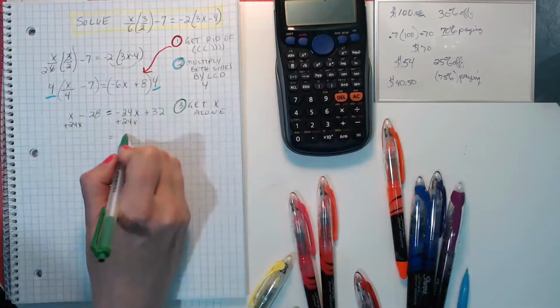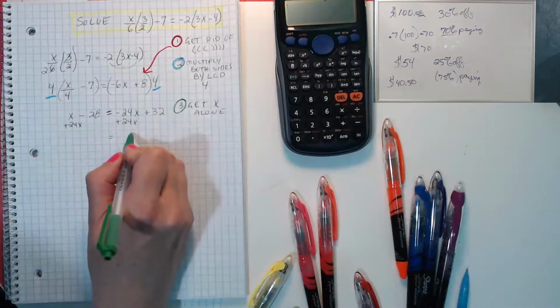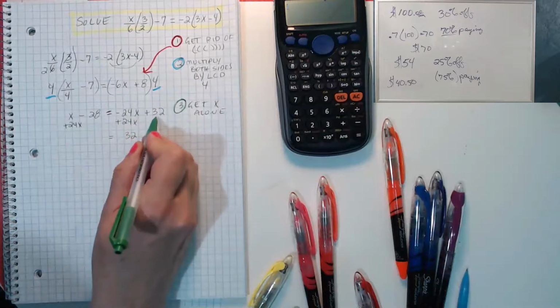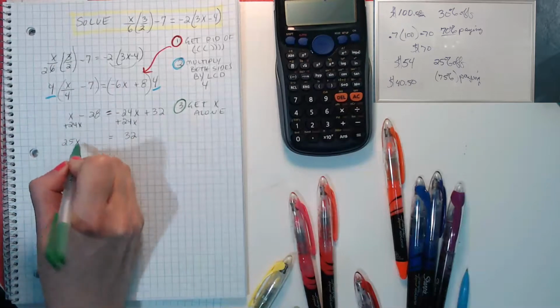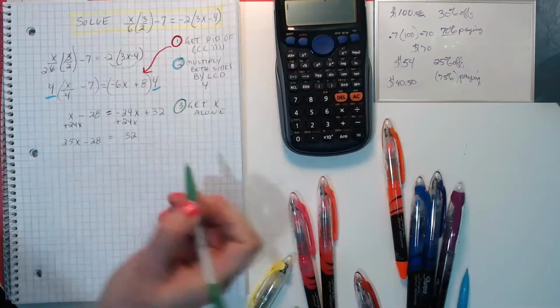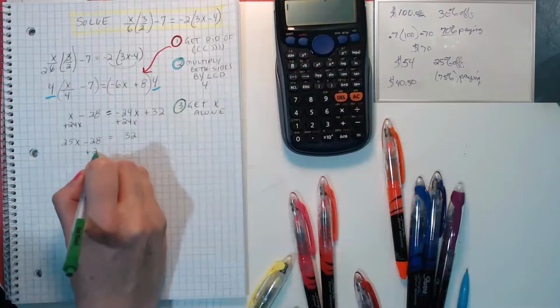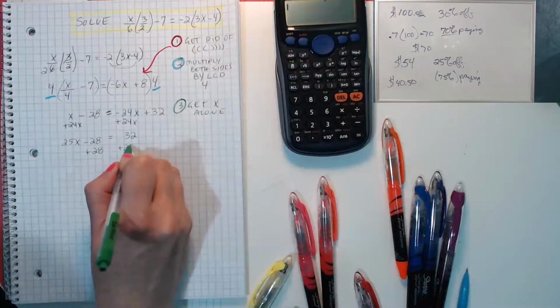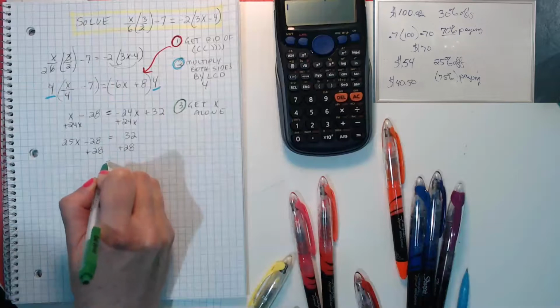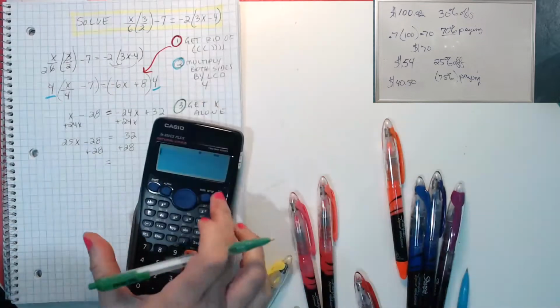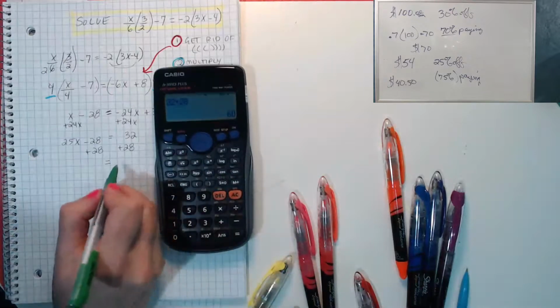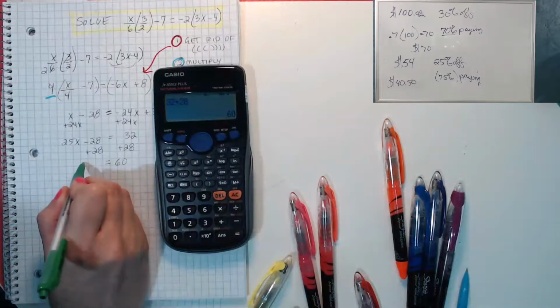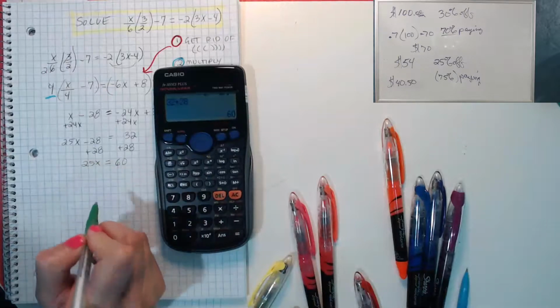And that gives me 0 plus 32. That's all that's left. Over here, I will have 25x minus 28. Now I'm going to add 28 to both sides. 32 plus 28, 60. 25x.